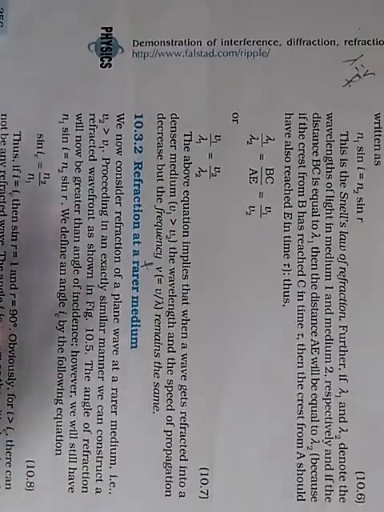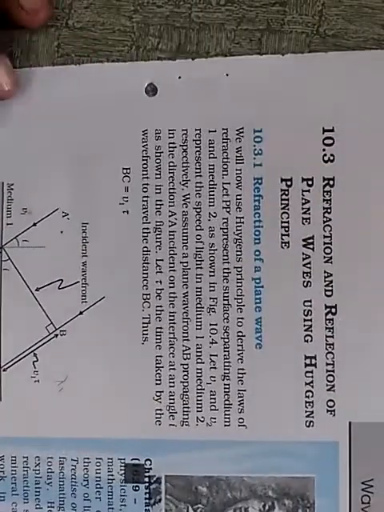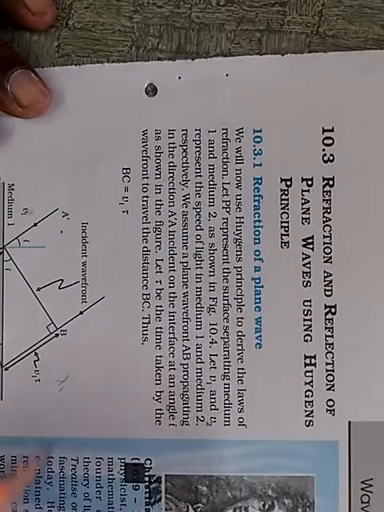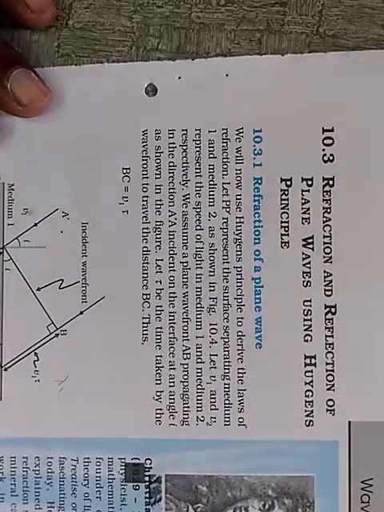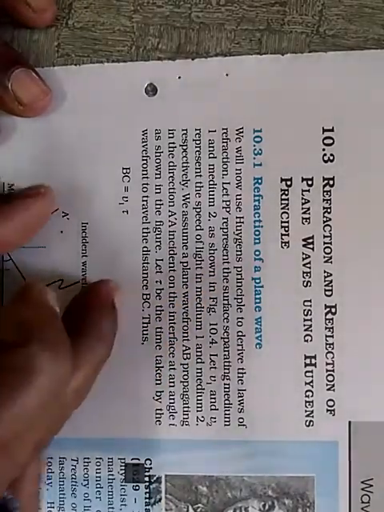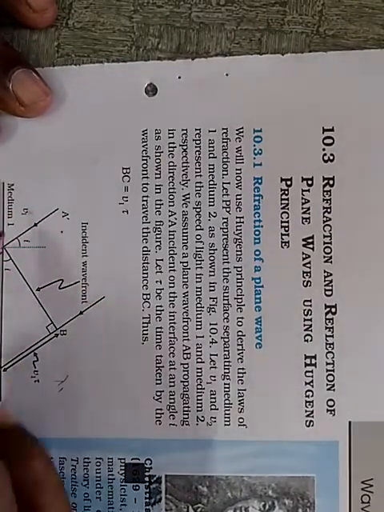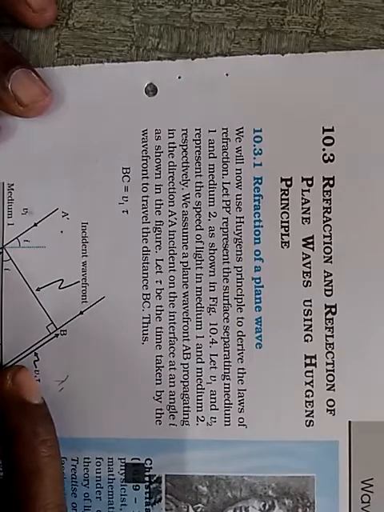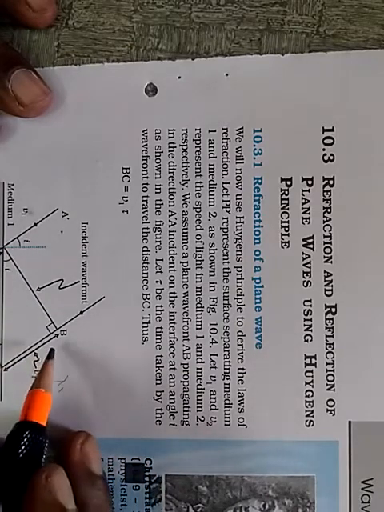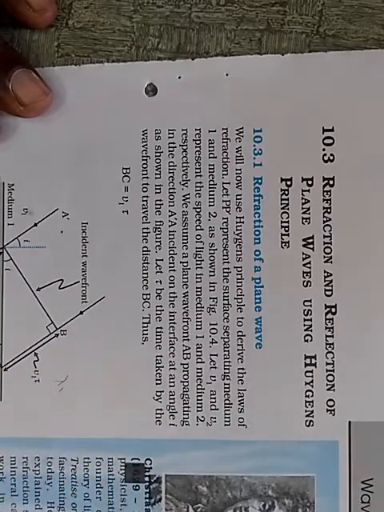So this is the basic idea of refraction of a plane wave using Huygens principle. We have the incident wavefront, refracted wavefront, velocity in medium 1, velocity in medium 2, wavelength in medium 1, wavelength in medium 2, and also the frequency. We have discussed the frequency.